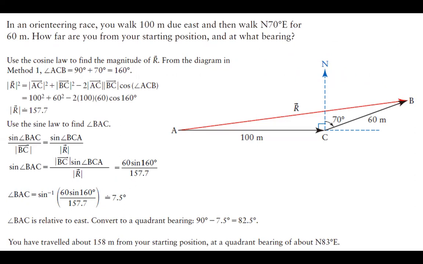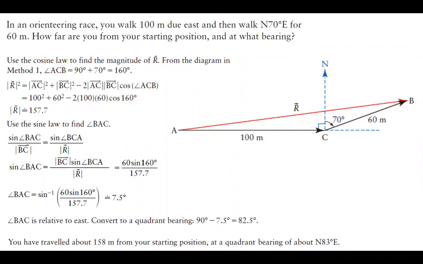Then the magnitude of r squared equals the magnitude of AC squared plus the magnitude of BC squared minus 2 times the magnitude of AC times the magnitude of BC times cosine angle ACB. And substitute all the numbers in.